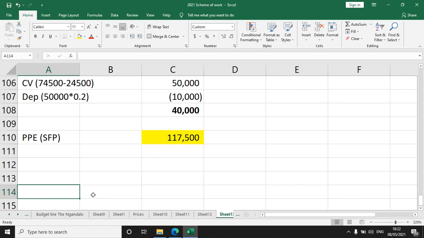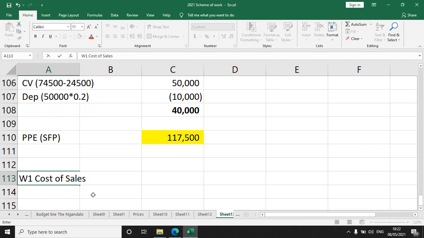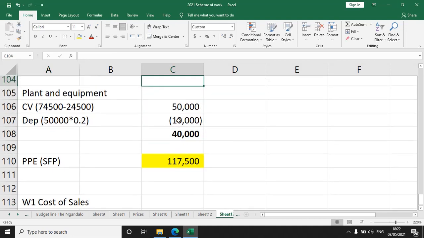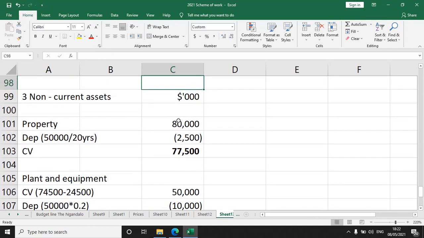Okay, so I think now I can go to my cost of sales, because the other issues you can do. So this is now going to be called, finally, working one. Cost of sales. Our cost of sales is given there in the trial balance.